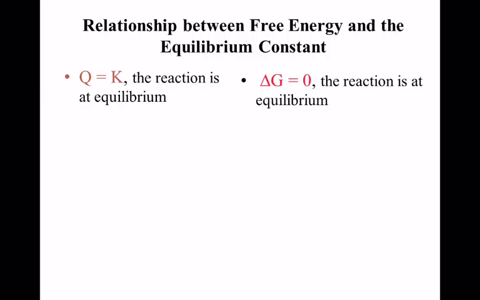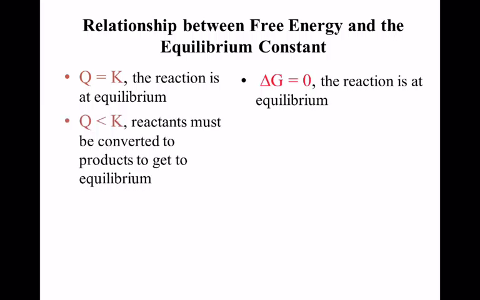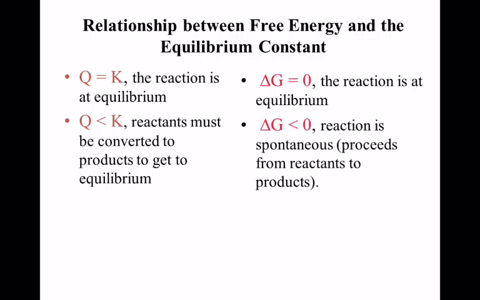There's a connection here. If your reaction quotient Q is too small, that means you don't have enough products, so it's going to go in the forward direction. The forward direction is spontaneous. So that actually corresponds to a negative delta G.